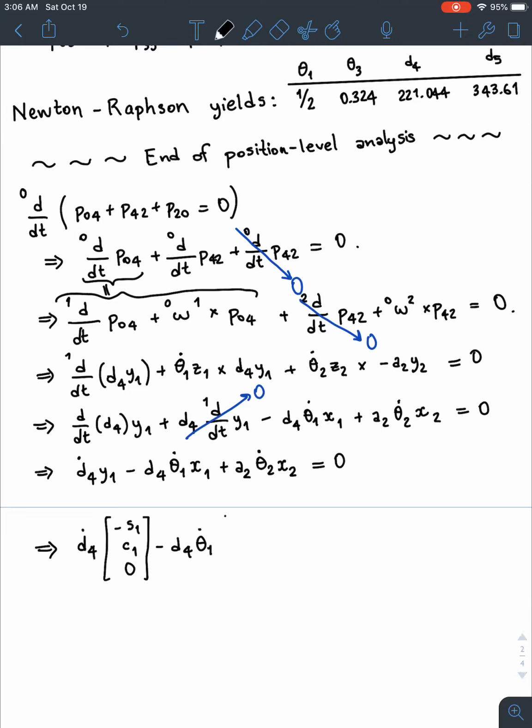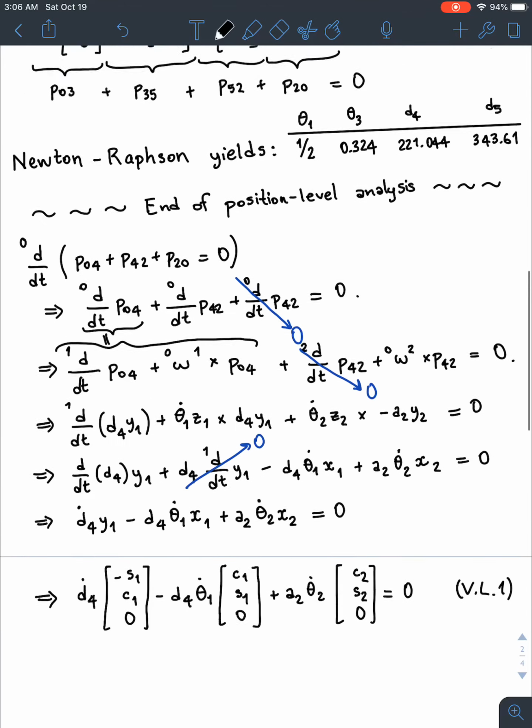The x1 axis had the components cosine theta 1, sine theta 1, and 0 in the 0th frame, plus a2 theta 2 dot. The x2 axis had the components c2, s2, and 0 in the 0th frame. And I will call this the velocity level equations number 1. They are expressed in the 0th frame.